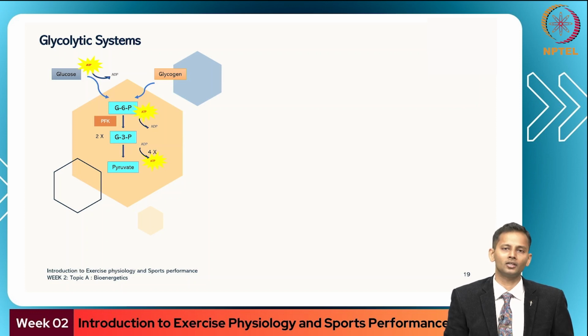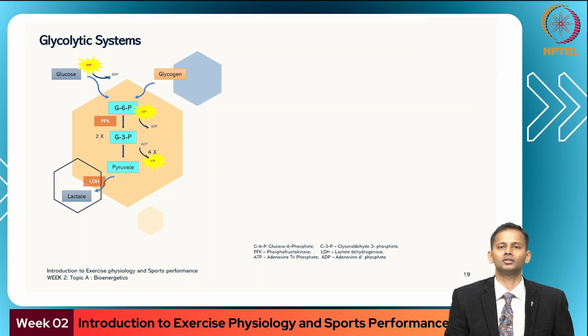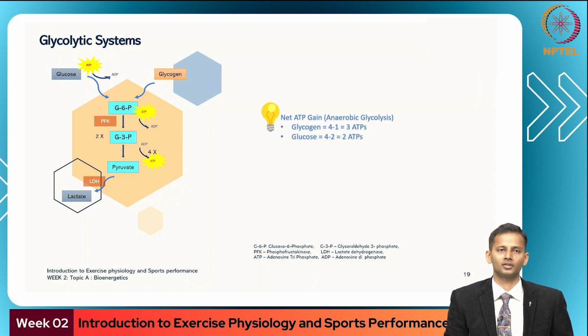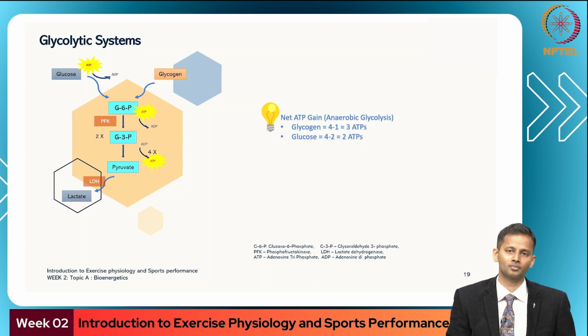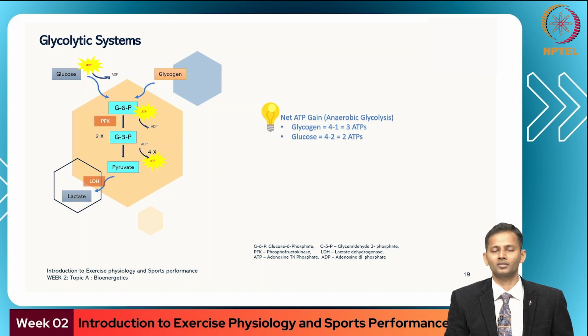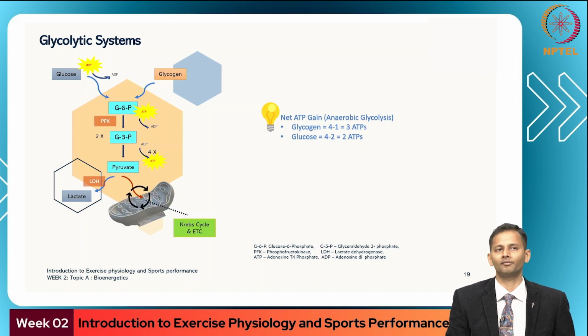Depending on various other factors and the availability of oxygen, pyruvate may enter the anaerobic pathway, where it ends up in formation of lactate. In this anaerobic pathway, the net ATP gain is about 3 ATPs if glycogen takes part, or 2 ATPs if glucose enters the pathway.